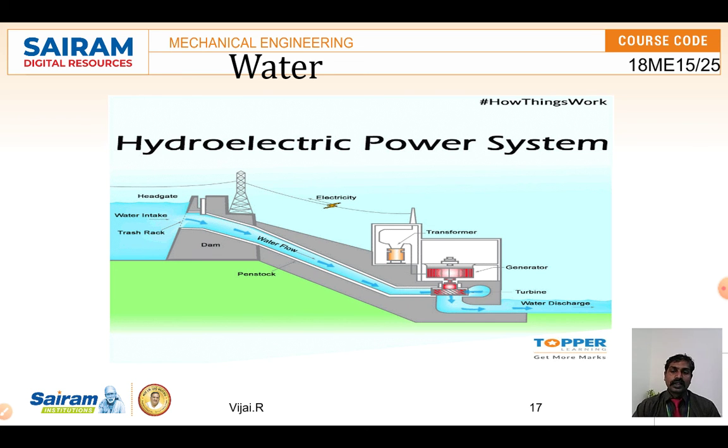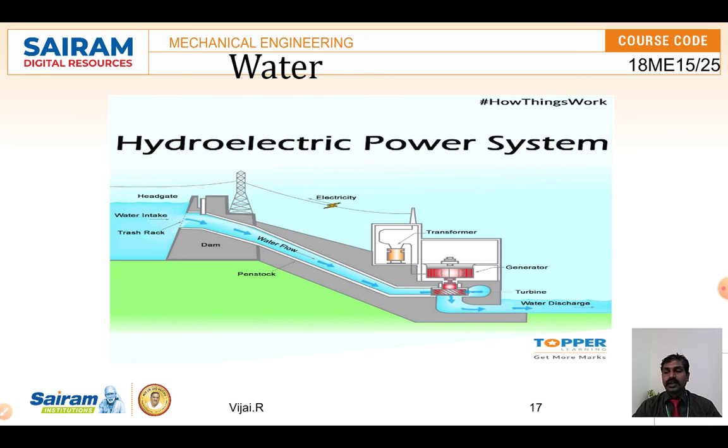In the earlier case of the wind, we saw the wind turbine: when the blade rotated, it produced electricity through the generator. Like that, here also, when the water hits the turbine blades, the blades rotate. In future classes, we will study how the turbines are rotated.